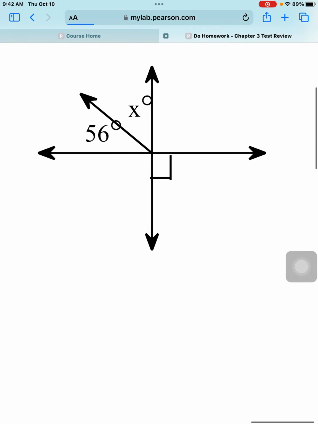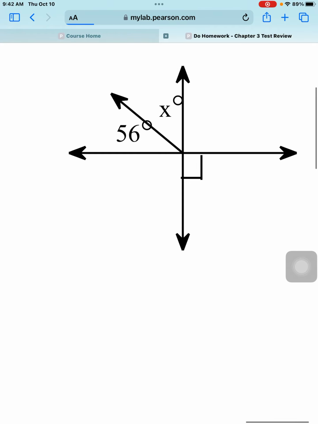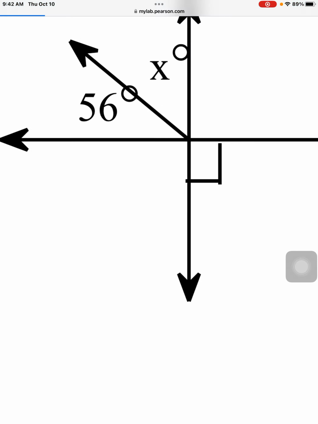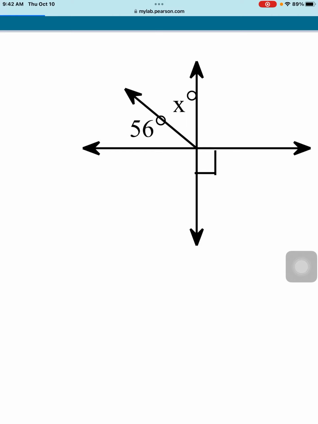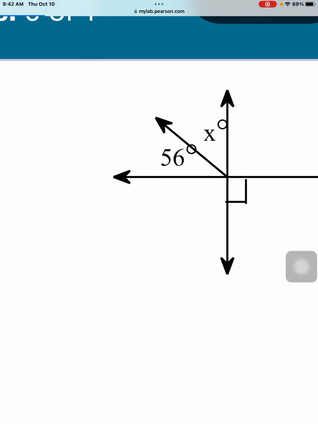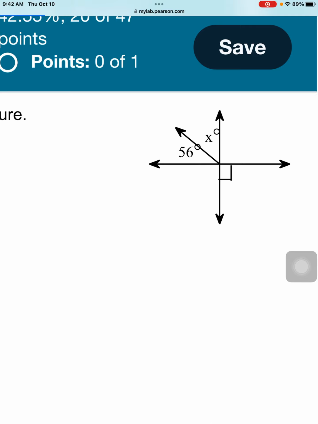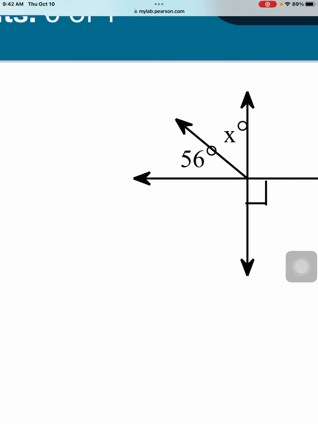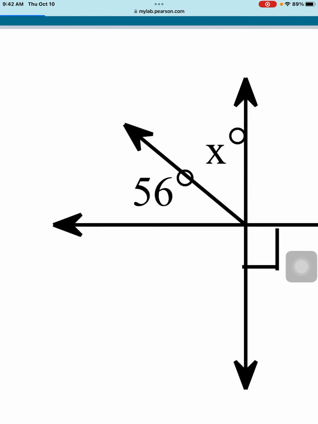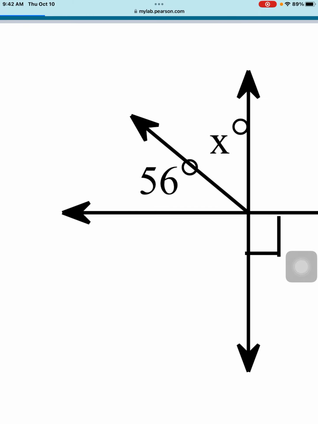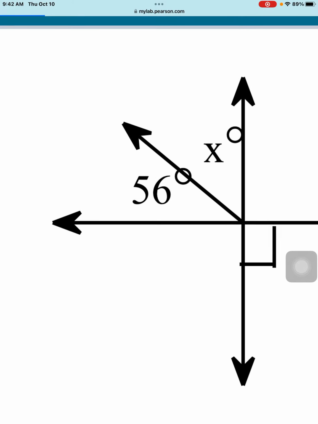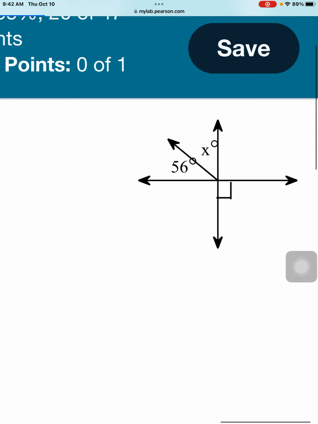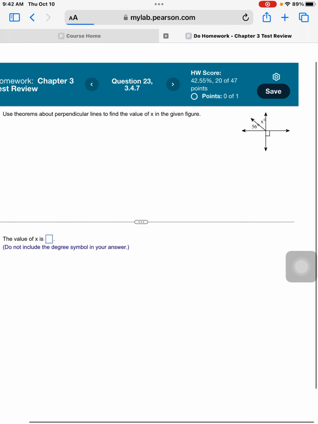All 4 degrees that are formed, they're all 90. So if you didn't know that, you at least know that if this is 90, then these guys also have to be 90 because of what? Vertical angles. So now what is 90 minus 56? Or you can say 56 plus x equals 90. And how do we know that? Because of the angle addition postulate. So what is 90 minus 56?